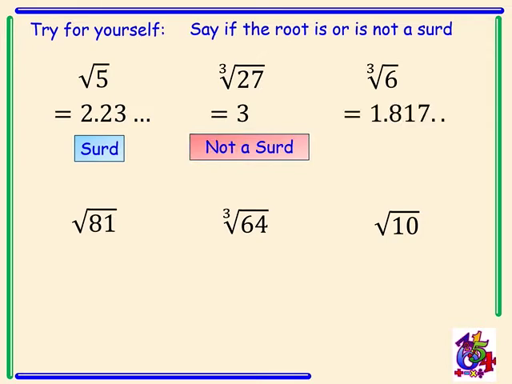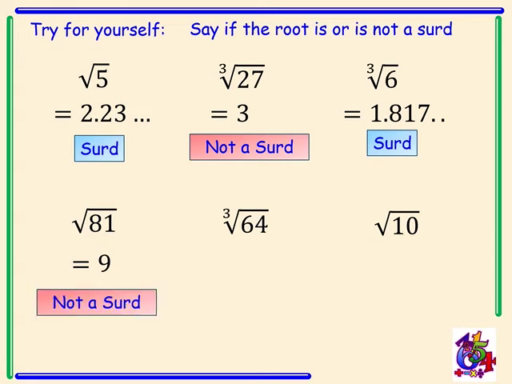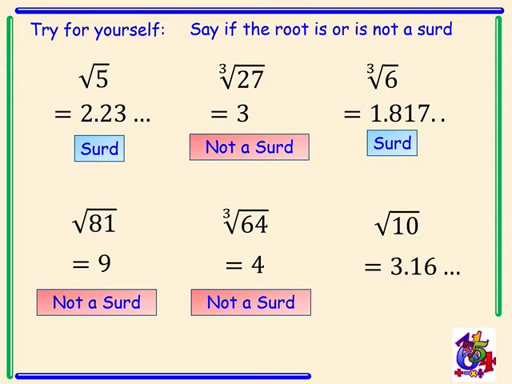The cube root of 6 is 1.817, which is a surd. The square root of 81 is 9, therefore it is not a surd. The cube root of 64 is 4, therefore it is not a surd. And the square root of 10 is 3.16, therefore it is a surd.